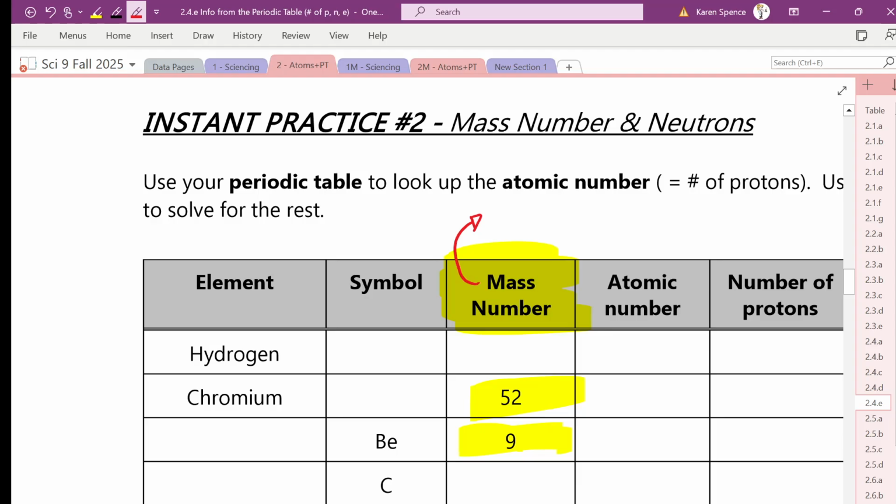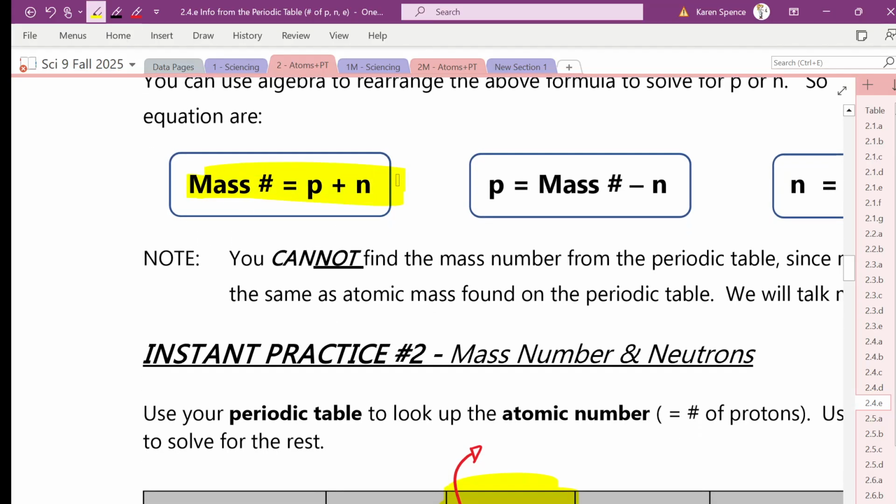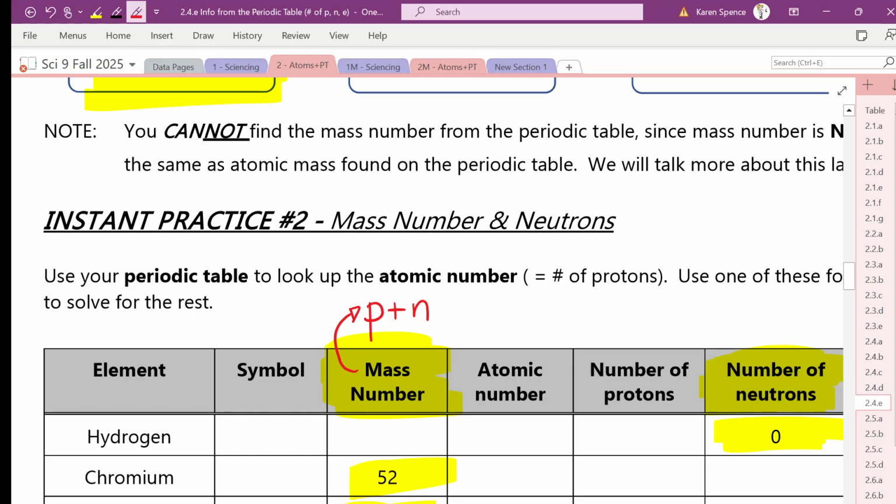Do you remember which ones? It's okay if you don't. You know what? It's actually given right here. It is the protons plus the neutrons. So in order to be able to do your homework, make sure that you write down that the mass number is the protons plus the neutrons.